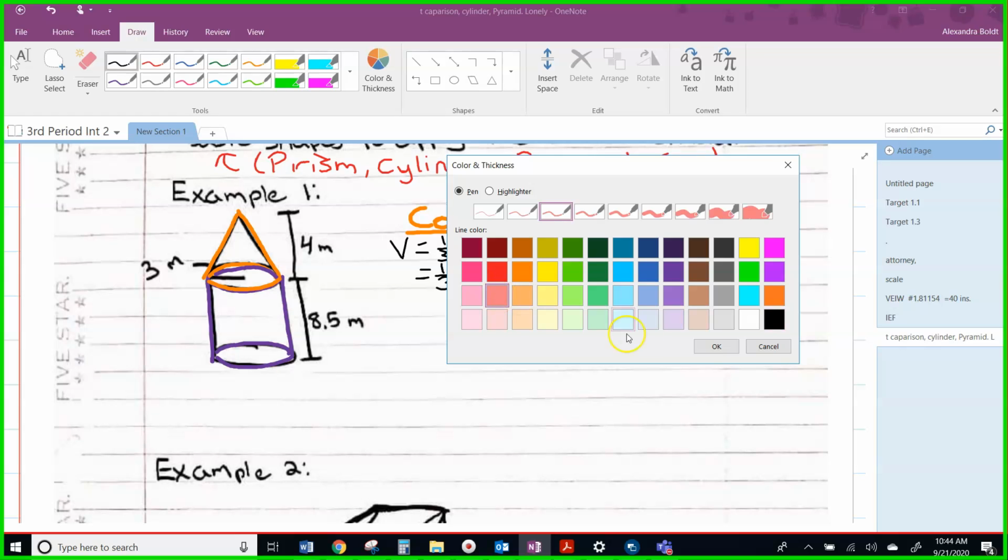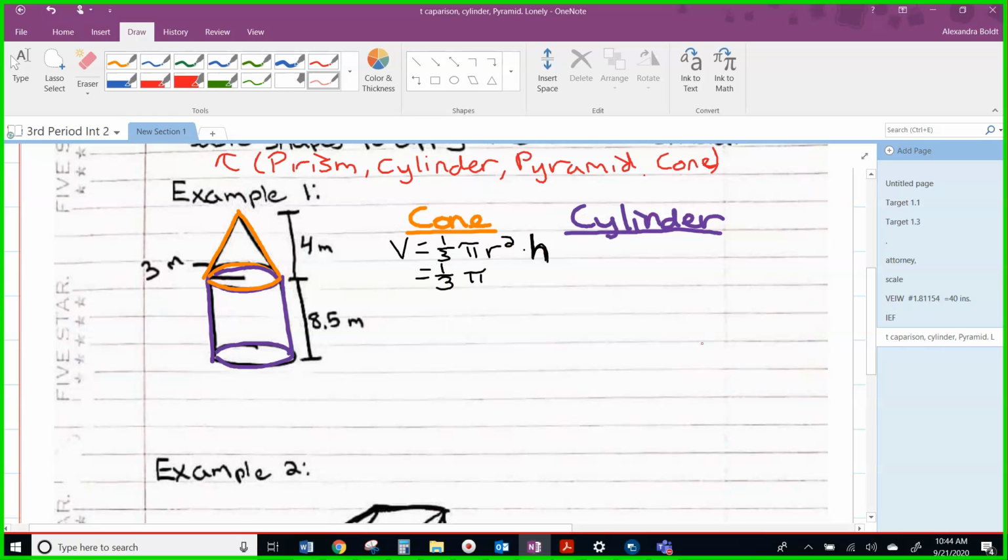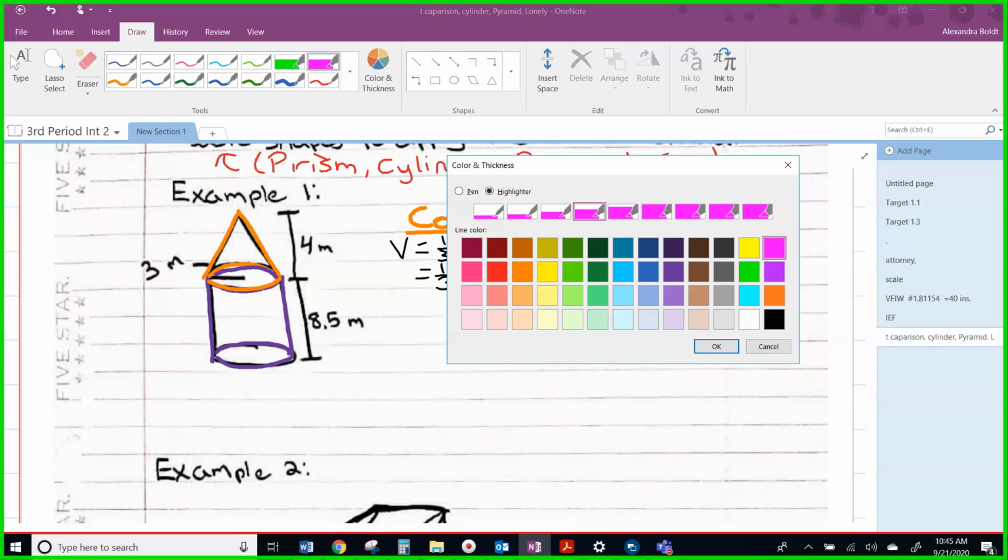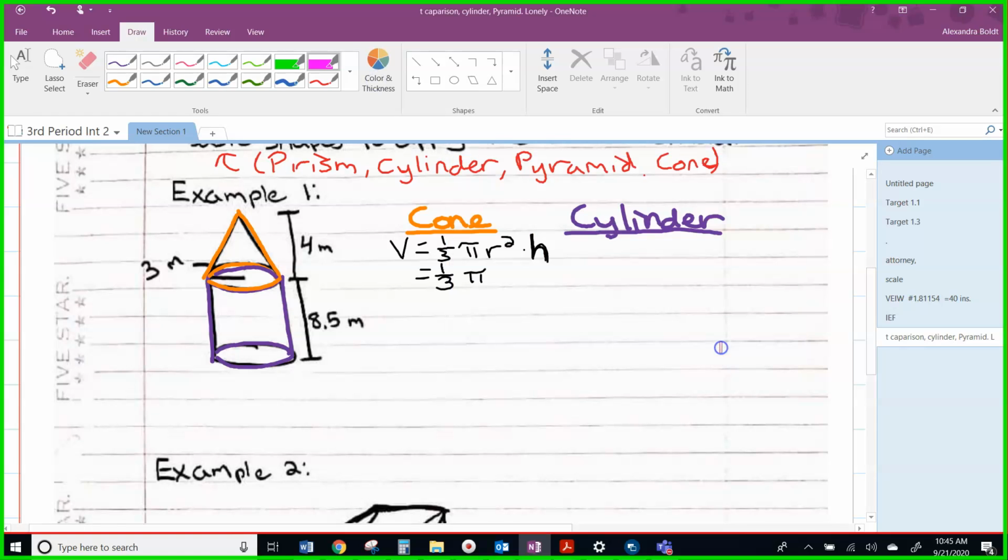And then my radius, right? Again, radius is half the distance across your circle. That's the distance across our circle.